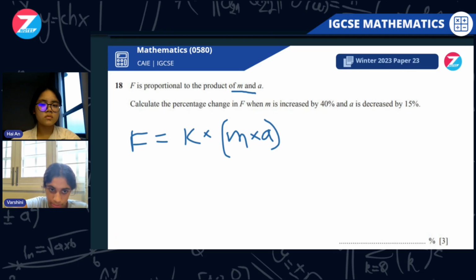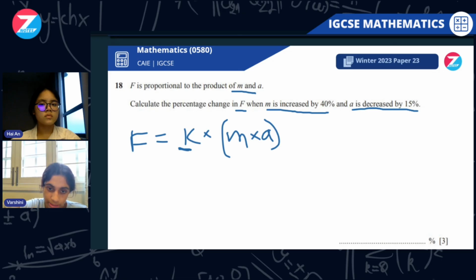But this is proportional, so it's just k into m into a. Now they want us to calculate the percentage change in F when m is increased by 40% and a is decreased by 15%. So now we can ignore this k because we know k is not changing, it's always being multiplied into k.